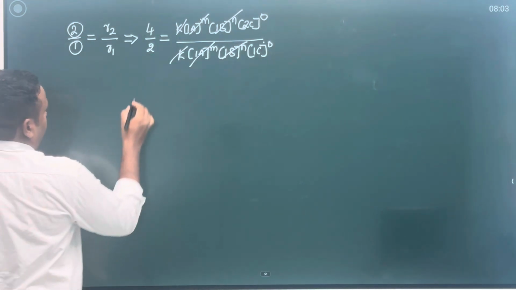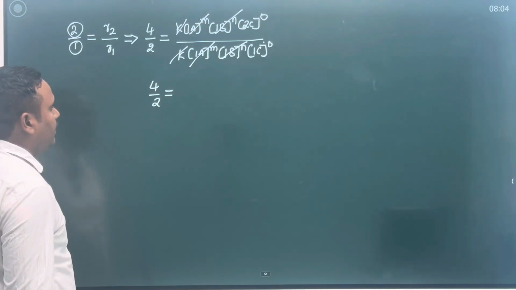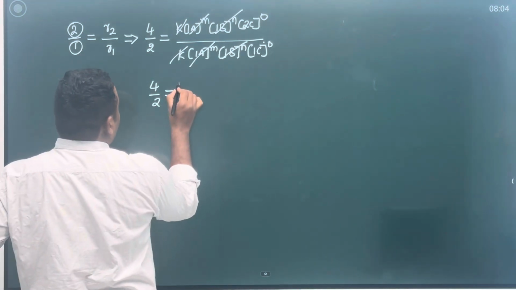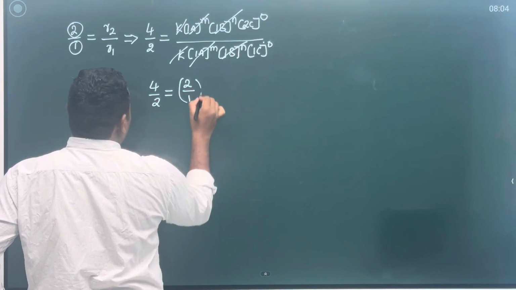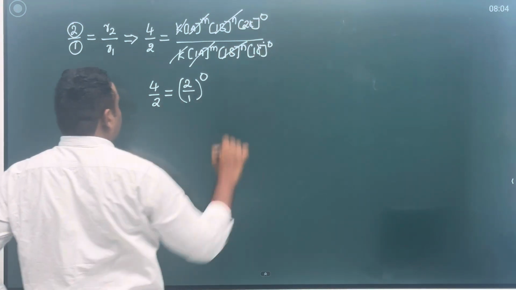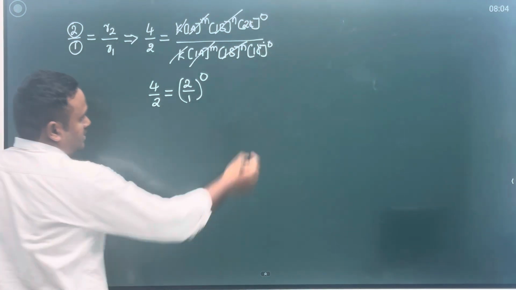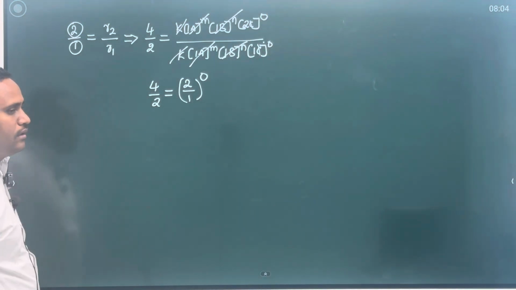So what will we get finally here? Here 4 by 2 is equal to 2 by 1 whole power O. Why? Because here 1C power O, 2C power O, the other powers are same. Okay, right?